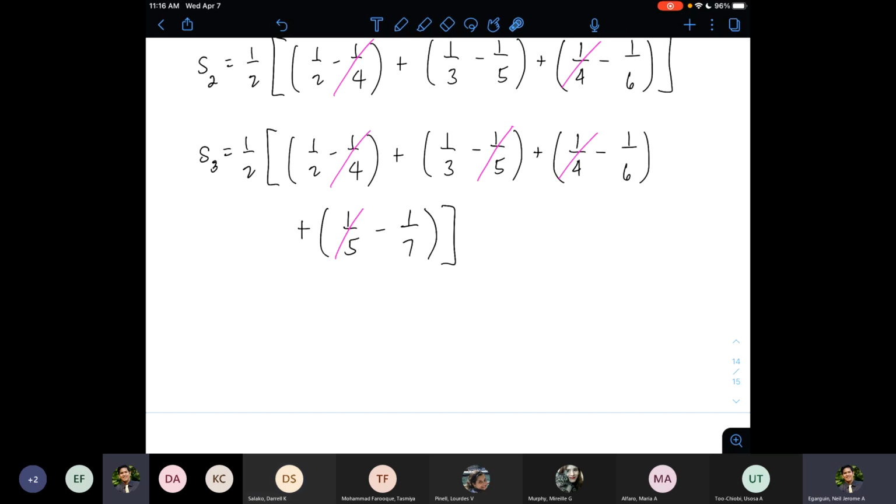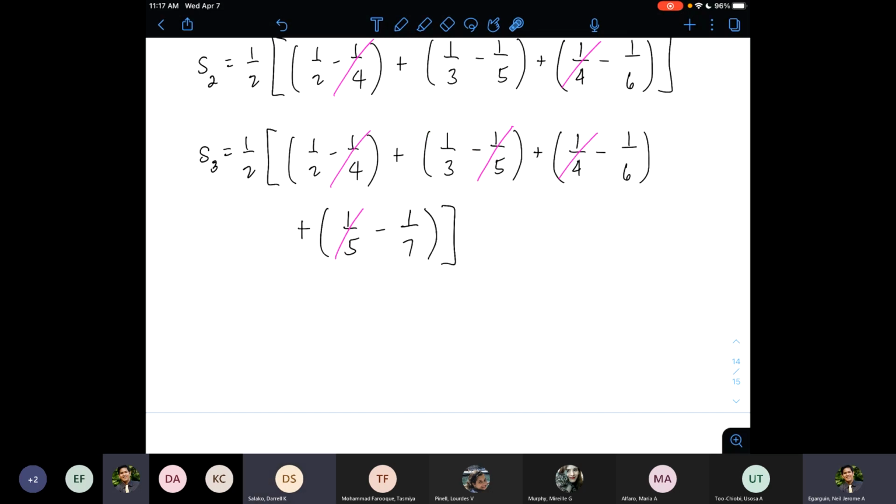Well, I guess 1/2 will remain. There's no way 1/2 will be canceled, because no 1/2 will turn up in the latter terms of the partial sums, because what we observe is that the denominators will be increasing, so we will not encounter a 1/2 at the end of the summation, right? So it seems that 1/2 will be a mainstay, as well as 1/3.